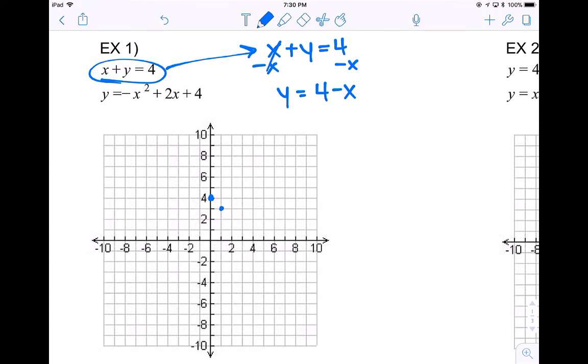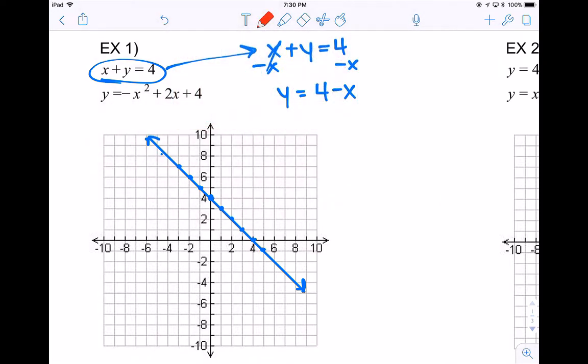So we'll move down one, right one, or up one, left one for our line, and then we'll draw our line through all of those points. Make sure you're plotting those points and not just sketching that line. If we're looking for the point where they intersect, we have to see some actual points.